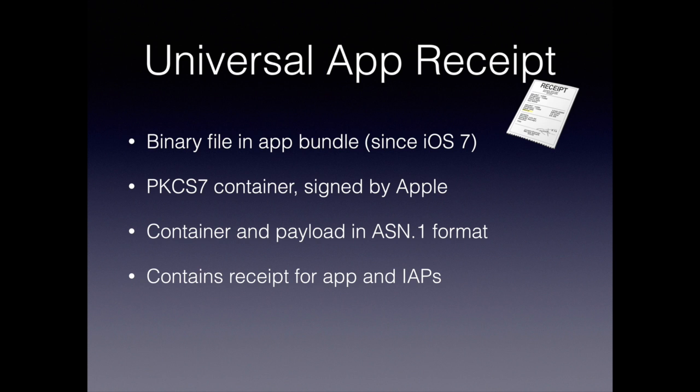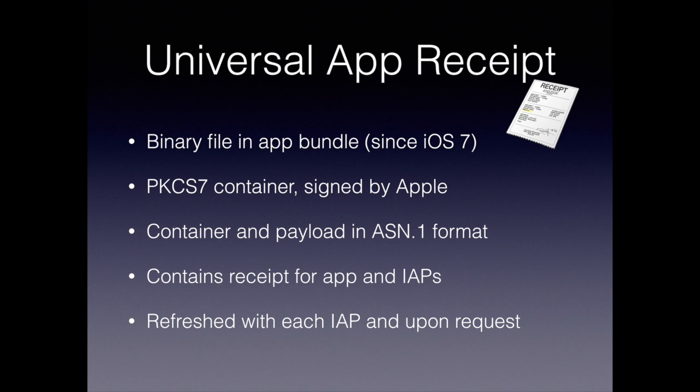And the great thing about this receipt is as soon as an app is installed on a new device, it comes with this receipt. So you immediately have all the information you need to know. Is there an active subscription or not? You don't have to have a dialog that says restore purchases or something. So that's the great thing about this receipt.